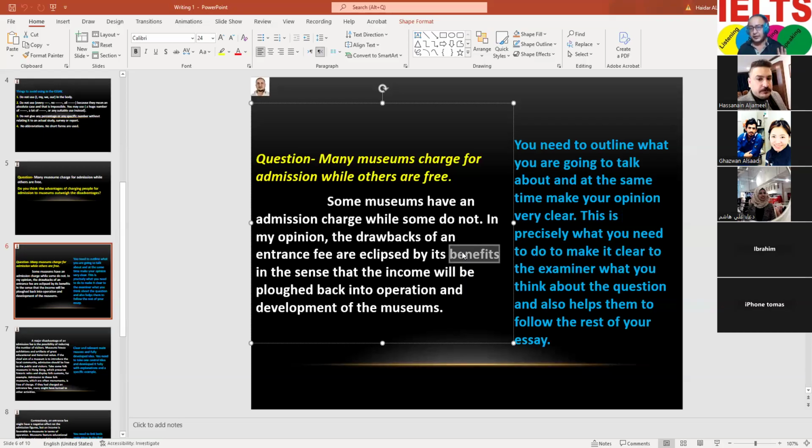My answer is clear here; it goes with the advantages. I have to give two reasons, in the sense that, since, S-I-N-C-E, which means because, the income will be brought back into operation and development of the museums.